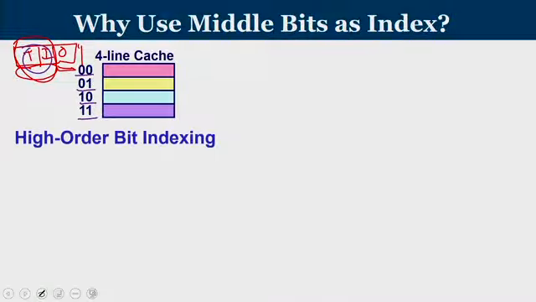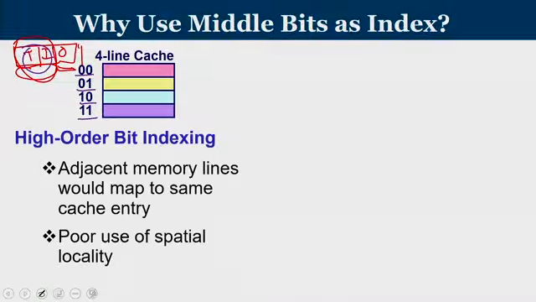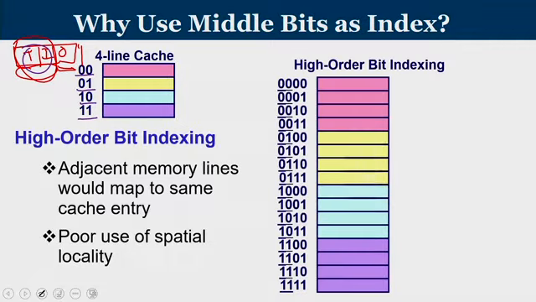Now consider my main memory, if I am using higher order bits for indexing. Let us say I have a main memory of 16 lines, and these are the addresses, or line numbers, given to the lines. If we use the most significant bits for cache mapping, all lines whose most significant bits are 00 will get mapped into this set.